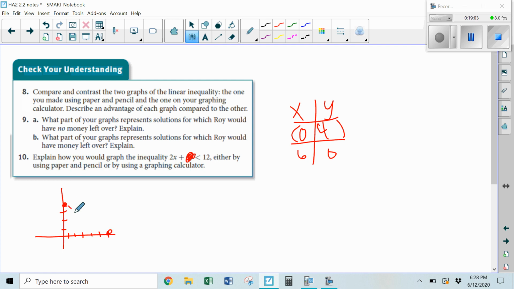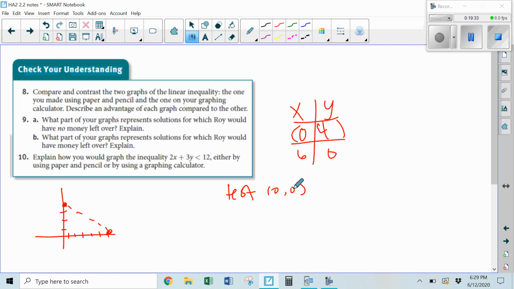It's actually going to be a dotted line. We didn't talk about that too much this lesson, but because this says less than instead of less than or equal to, less than is going to be a dotted line, and less than or equal to is going to be a solid line. We talked about that in a previous lesson. Now that I have the boundary line done, I'm going to pick a test point. I'm going to test 0, 0. The only time you cannot test 0, 0 is if your line goes through it, and then you test any other point.